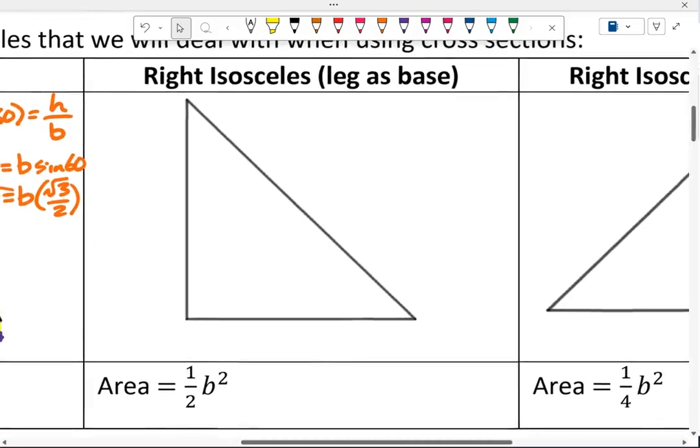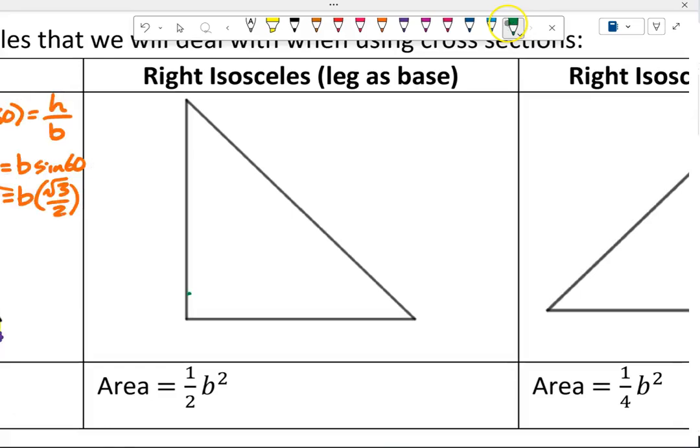All right. Right isosceles. What is special about an isosceles triangle? Two are the same, the legs specifically. And in this case, my leg is my base. Again, that base would be my right minus left, or top minus bottom.